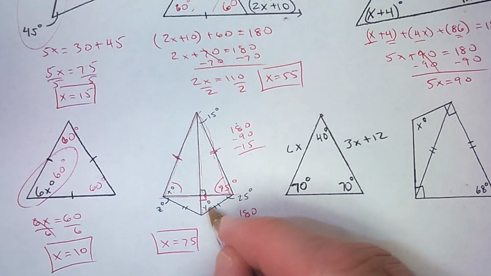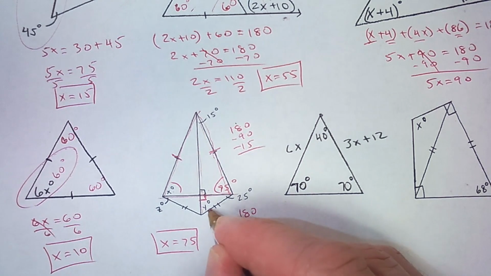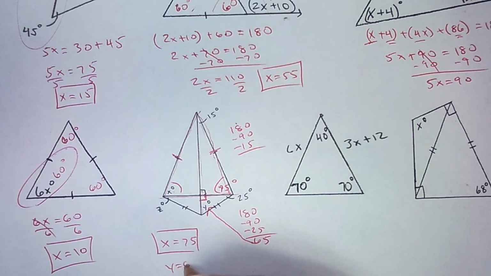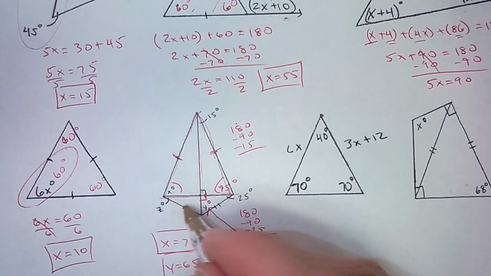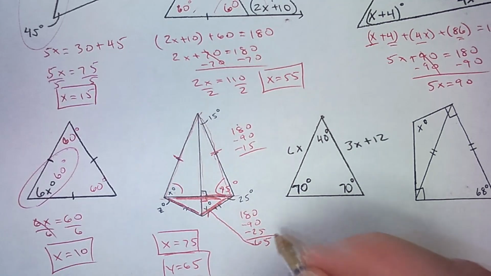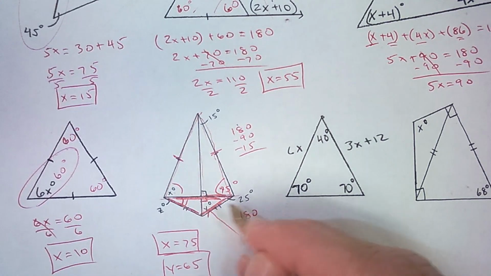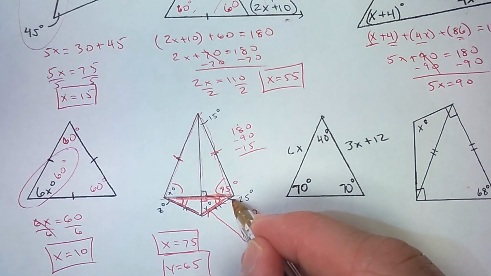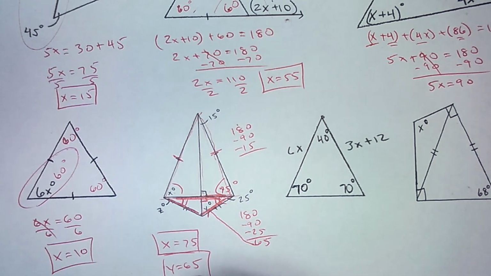So that tells me right here is a 65 degree angle. So y is 65. Okay, now this bottom triangle is another isosceles triangle, and its base angles are congruent, and since this one is 25, so is this one. So z is 25.